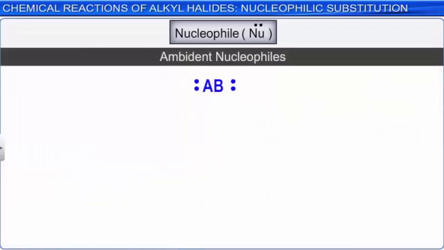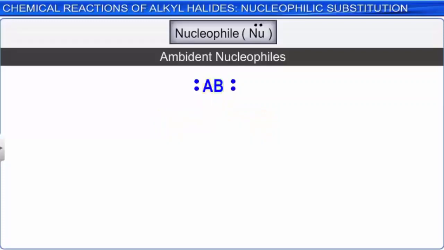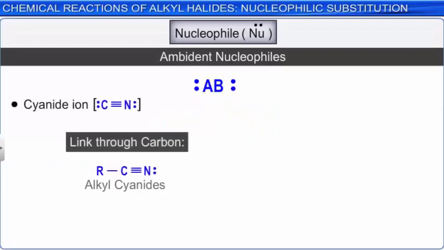Some nucleophiles can be described as ambident nucleophiles. These contain two nucleophilic centers and so can link to the alkyl halide in two different ways. For example, the cyanide ion can link through the carbon atom to make alkyl cyanides.